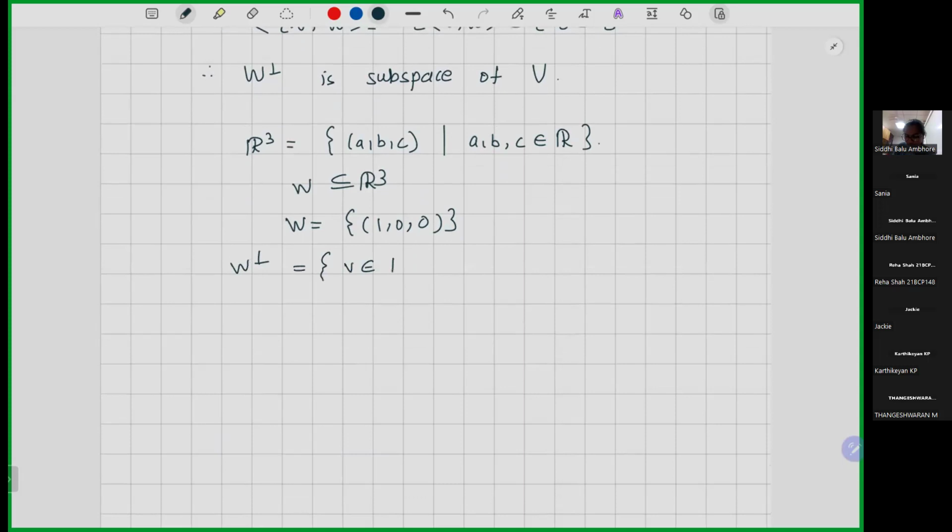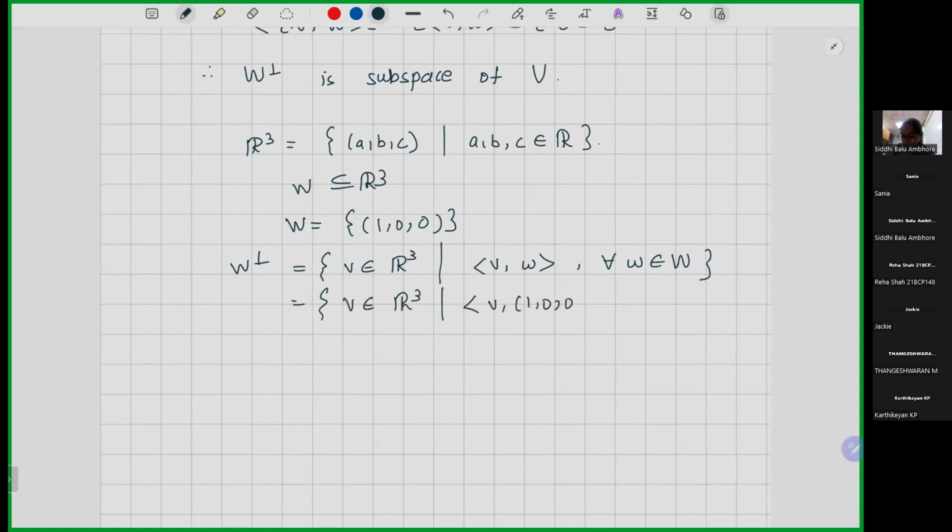It is all those V in R3, since we are in R3, such that the inner product of V comma (1, 0, 0) is 0, for all W in W just by definition. All W in W means what? There is only one element in W. So which is V comma (1, 0, 0). So that's it. This is the definition of the orthogonal complement of W for any given set.